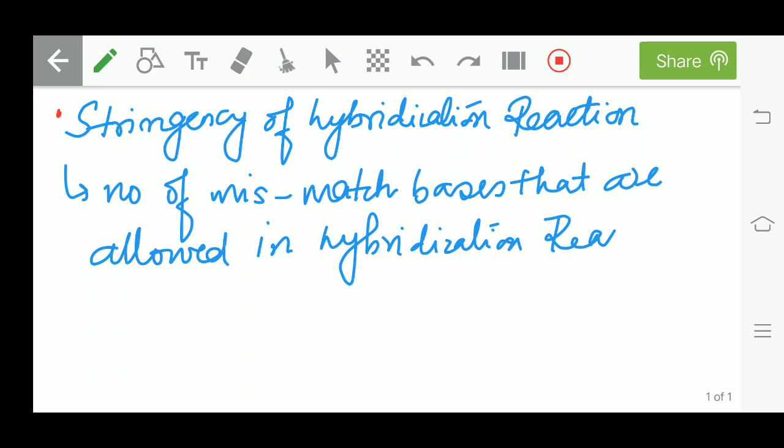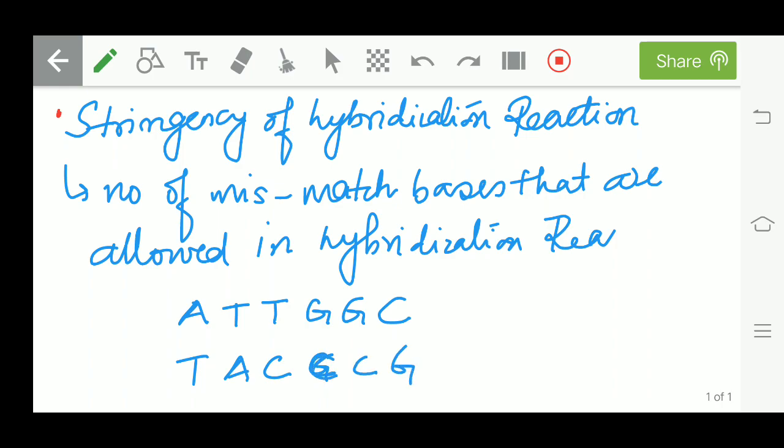Suppose there is a hybridization reaction going on, like ATTGGC, and you have CACGCCG. Here you see this is complementary, this is complementary, this is complementary, but your TC is a mismatch. So how many such mismatches are allowed in a particular hybridization reaction?